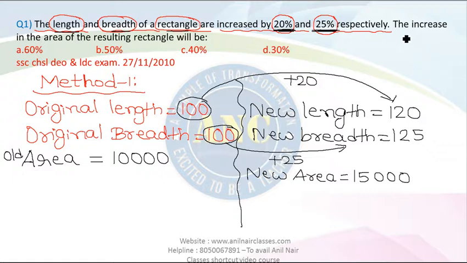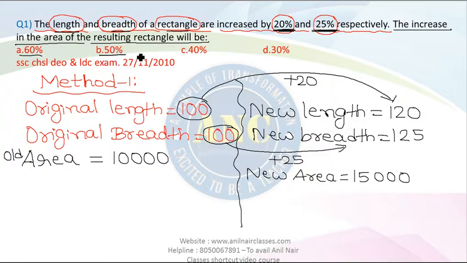What is the question, sir? Find the percentage increase in the area of the resulting rectangle. Sir, nowhere is it mentioned in the question as percentage, why are you taking percentage increase? You should only take how much increase has happened, right?